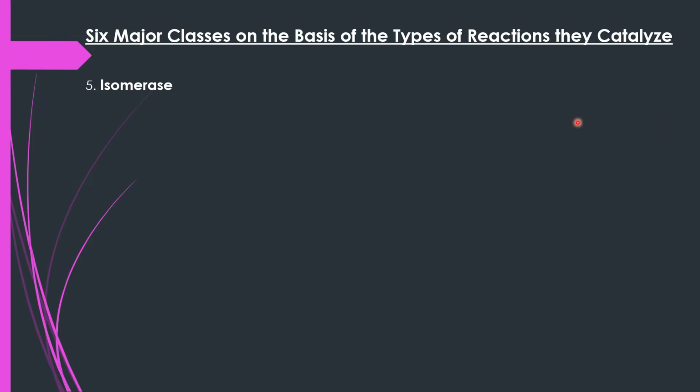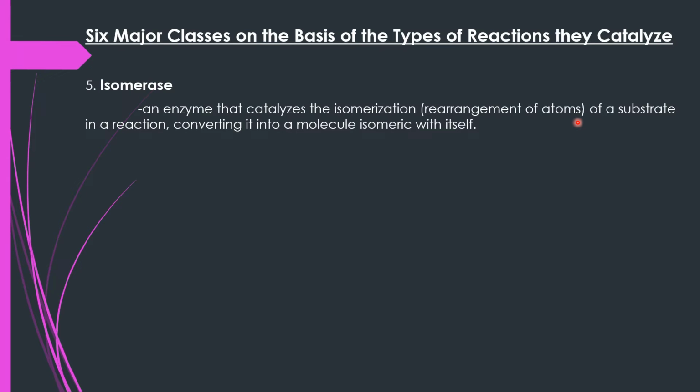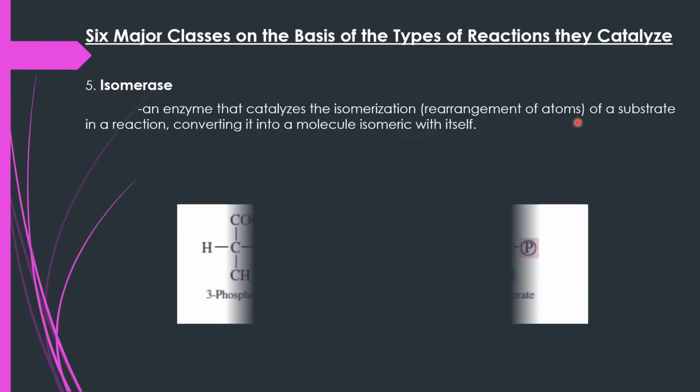Then we have the isomerase, an enzyme that catalyzes the isomerization, or simply the rearrangement of atoms of a substrate in a reaction, converting it into a molecule just isomeric with itself.